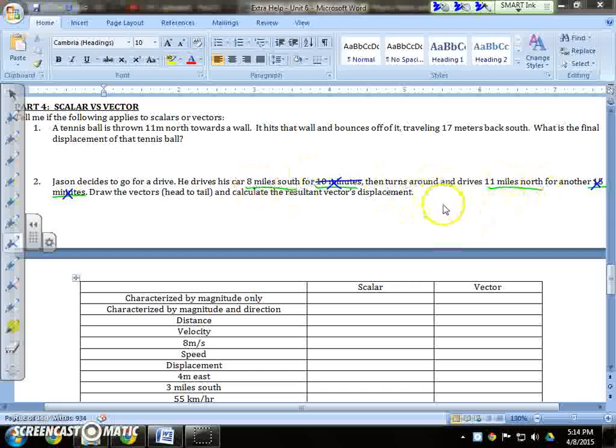So, in this case, we go 8 miles south, and then turn around and travel 11 miles north. And so our displacement is going to be that 8 and then 11 in the opposite direction. So we're going to end up with that guy and 3 meters. 11 minus 8. So our displacement is going to be 3 meters north.